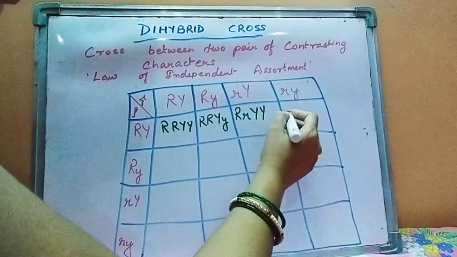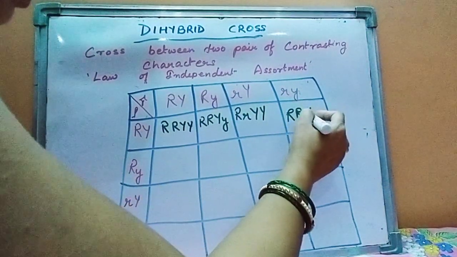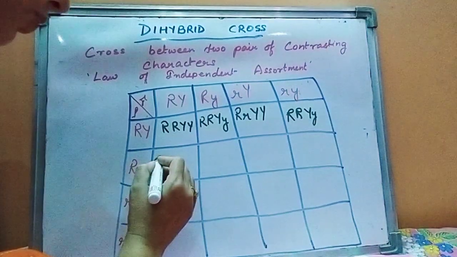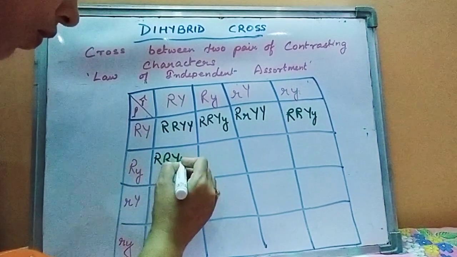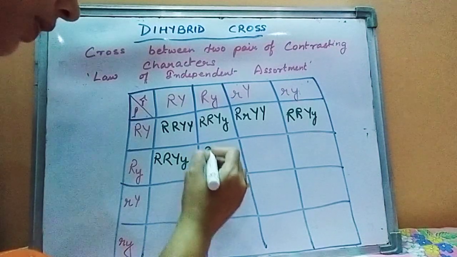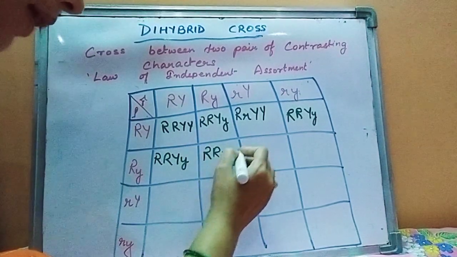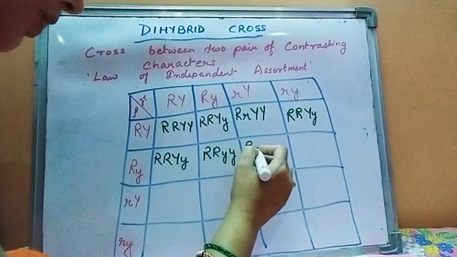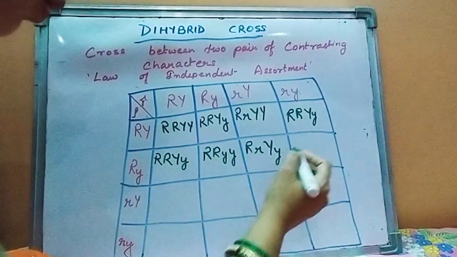Then this last one, capital R, capital R, capital Y, small y. So in this way we have to fill all of them without making mistakes so that the gamete formation turns out correct. You have to match the combination.